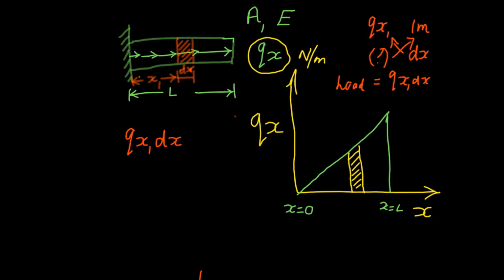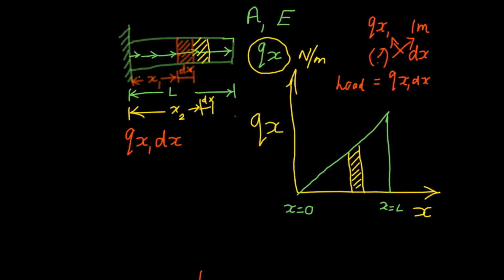Now what I'm going to do is I'm going to consider the next small portion. That is represented by this yellow here, and that next small portion is considered at a distance of x2 from the left extreme end, and the length of the small portion is dx. What is the load that is placed on the next small portion?